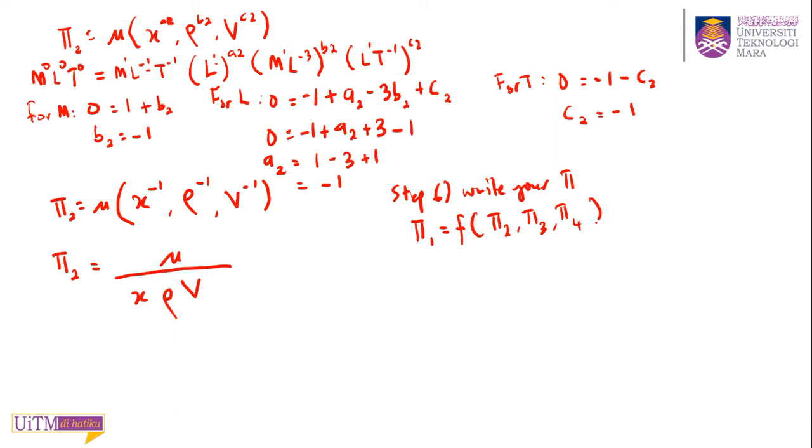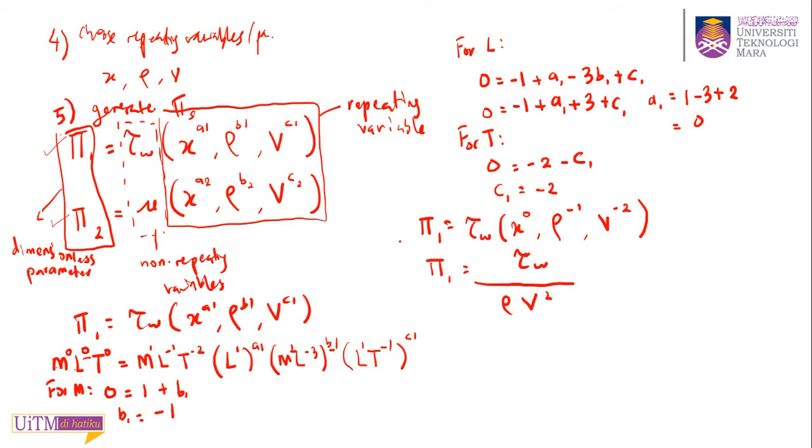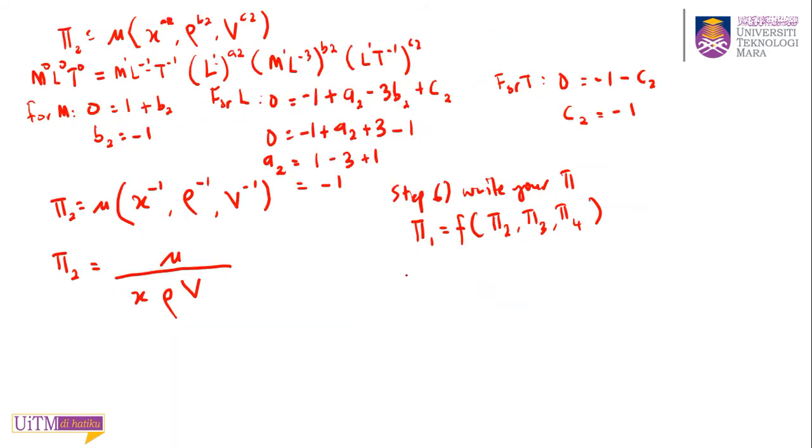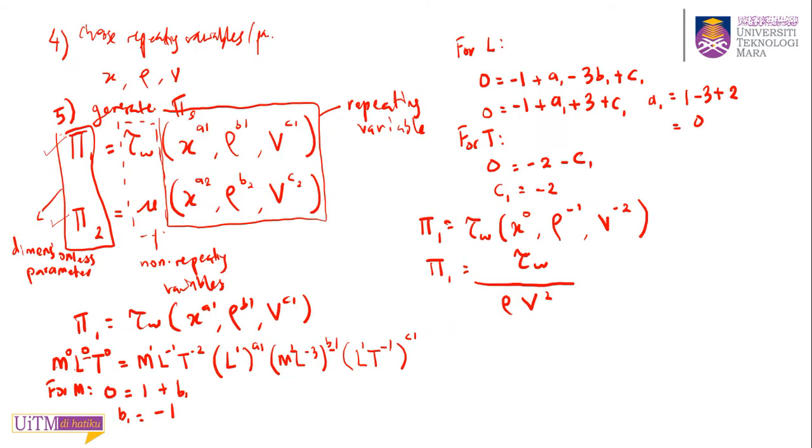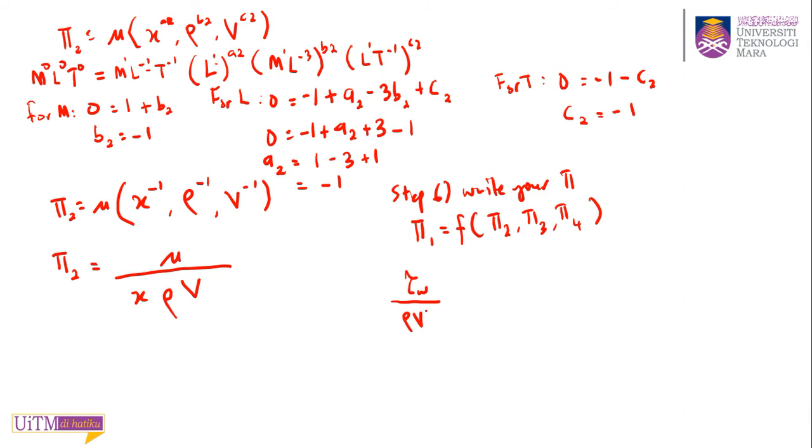In this problem, you only have 2 pi, pi 1 and pi 2. So your pi 1 is tau over rho v squared. So you write again your pi 1, tau over rho v squared, equal to a function of pi 2, and your pi 2 is mu over x times rho times v.